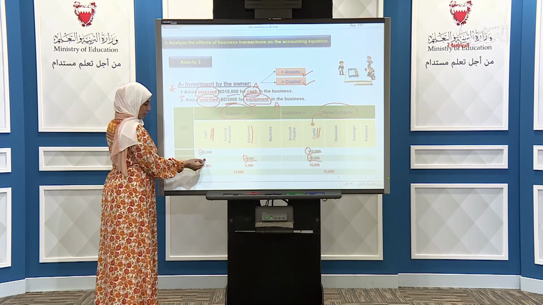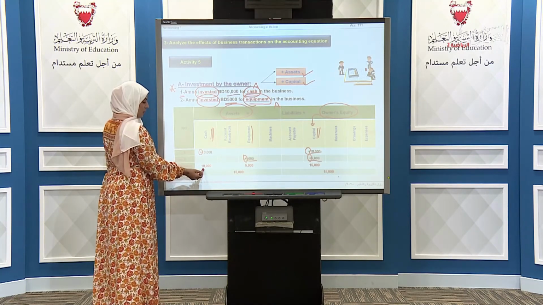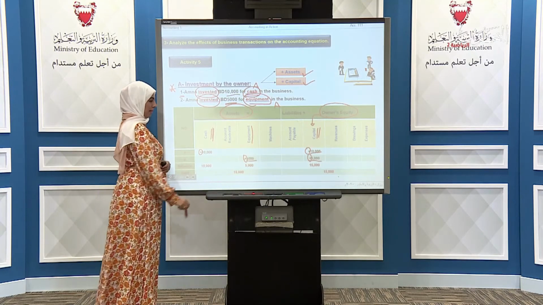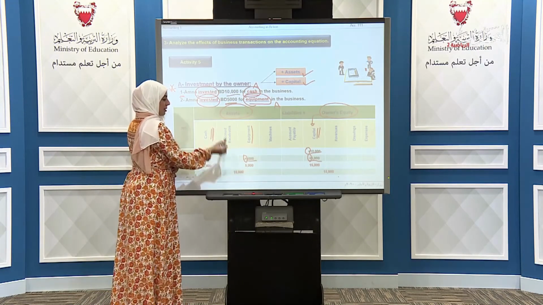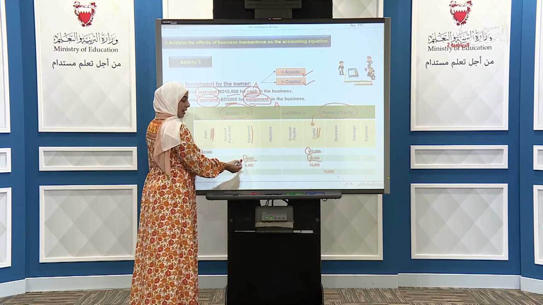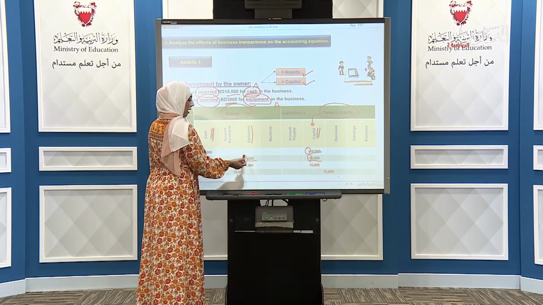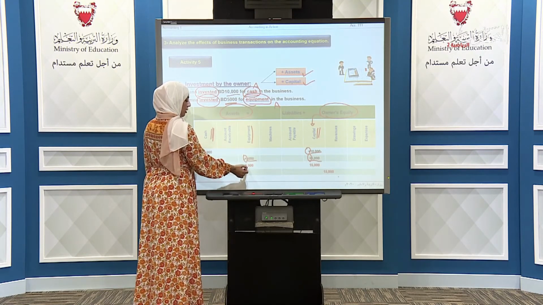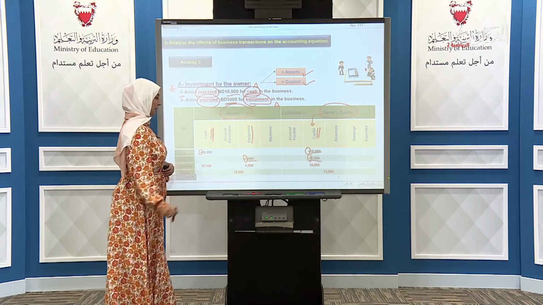In transaction 2, I don't have anything, so the balance will be 10,000. In the account receivable, there is nothing. Moving to the equipment, in transaction number 2, I have 5,000. I don't have any transaction before, so the balance will be 5,000.